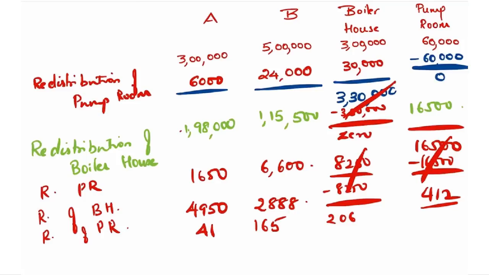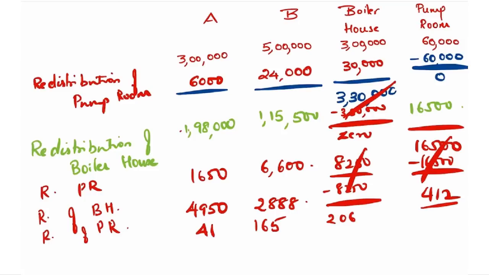Redistribution of boiler house 20. Now let's just do the total of everything so that we know what's now.